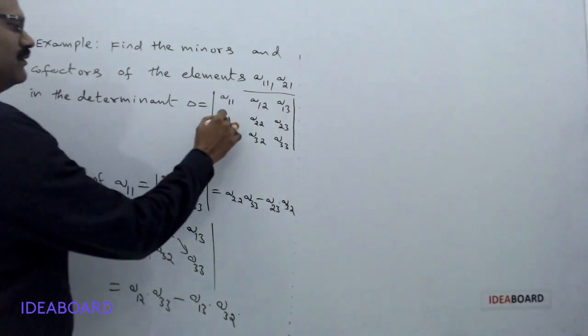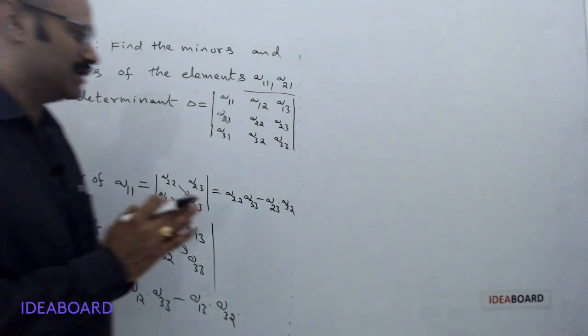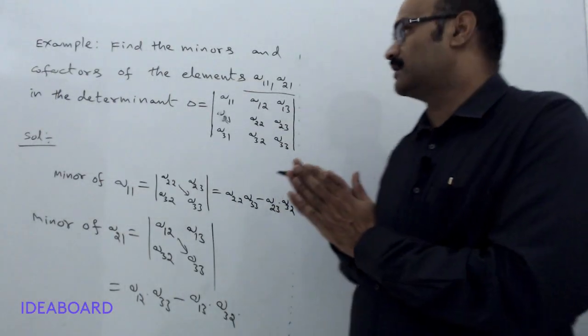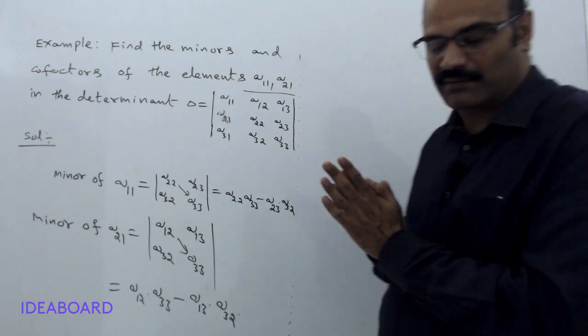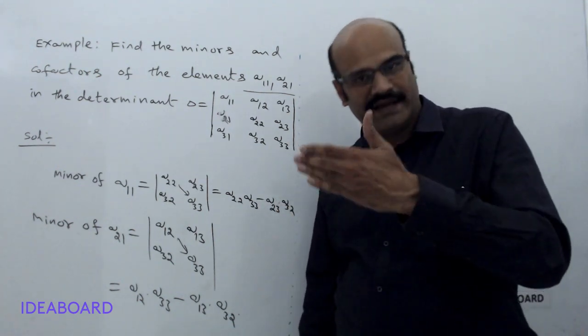Now we have to find the cofactor of A11. We know that the cofactor of any element is defined as cofactor of Aij equal to minus 1 whole power i plus j into minor of Aij.